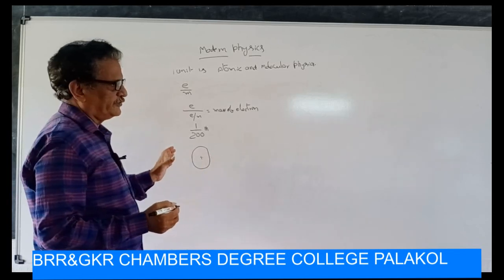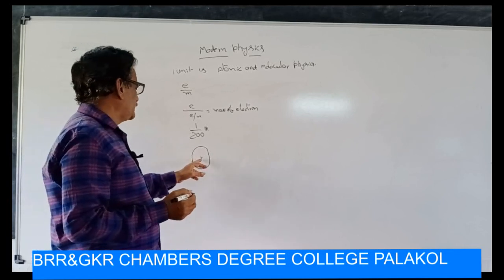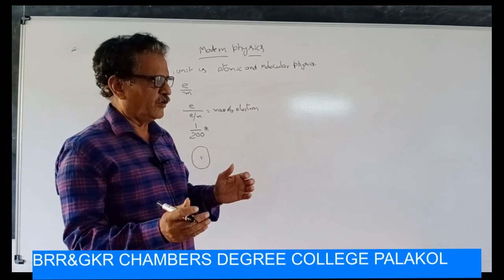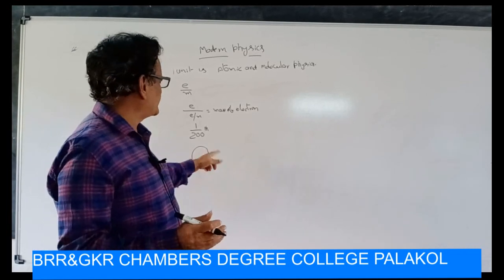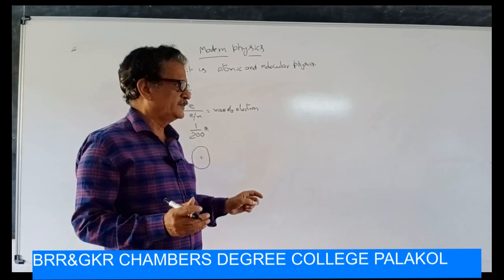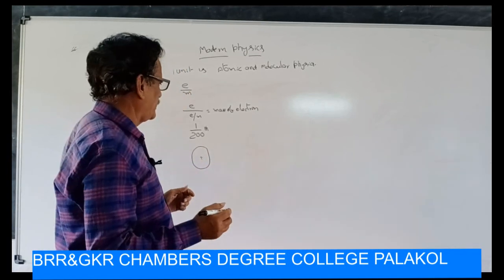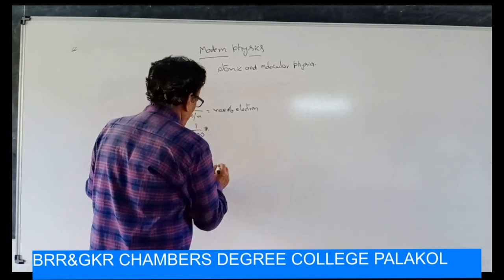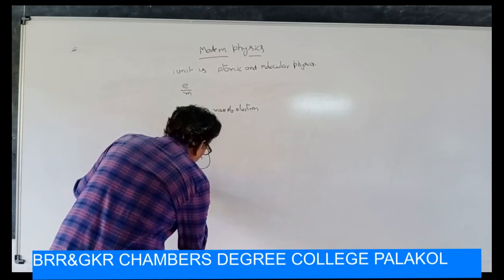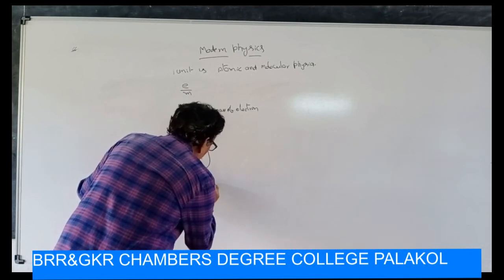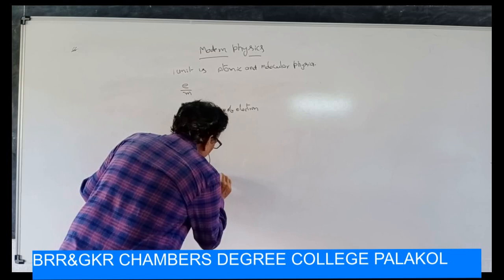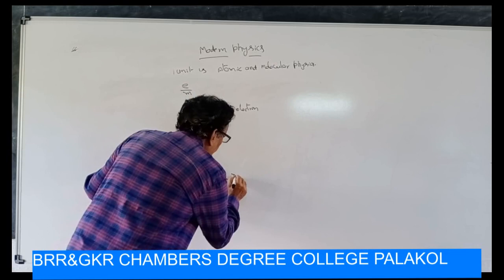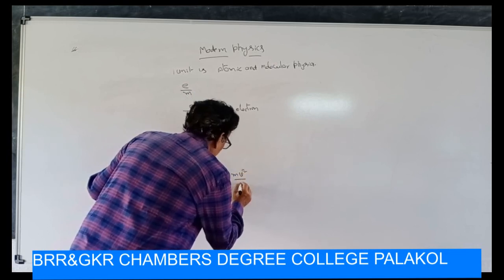The force of attraction between the nucleus and the electron serves as the centripetal force, and it is balanced by the centrifugal force, which is given by mv square by r. Therefore, the force of attraction is given by 1 by 4 pi epsilon naught into Ze square by r square, and the centrifugal force is given by mv square by r.